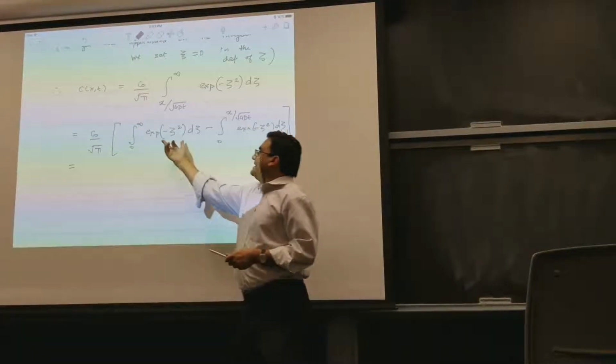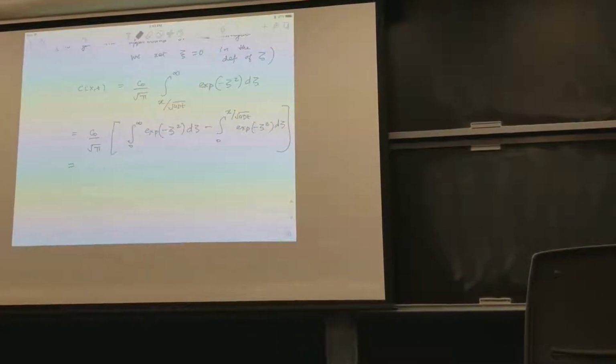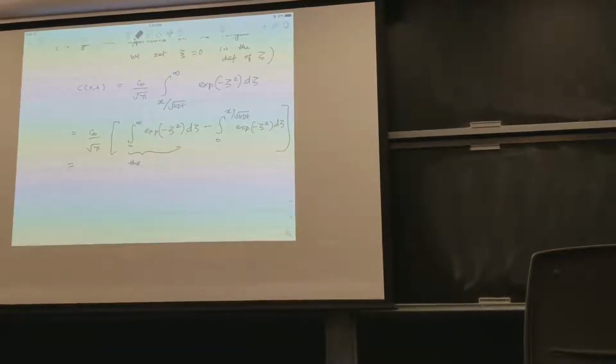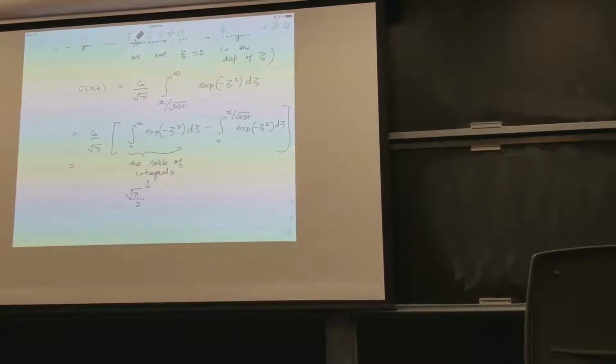So this particular integral is, when you do analytical methods in research or on a daily basis, in the old days we used to have a book of tables, a table of integrals, and then you would just go and look at those and see if this has some name or solution. From the table of integrals, you can say this is root pi over 2. These days you can just Google it or go to Wolfram Alpha.